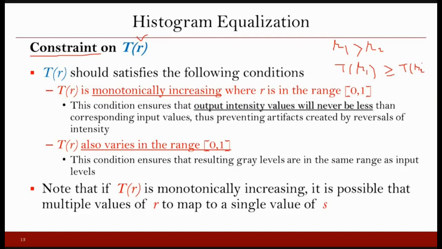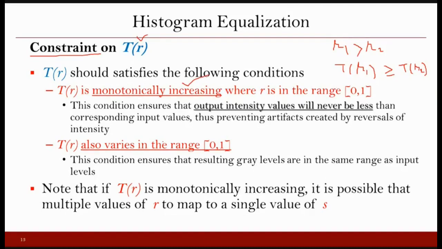What this basically ensures is that when you are doing the transformation, your gray level either remains the same or increases. So if your gray level has, let's say, the value 0.4, then in the output image it will remain either 0.4 or its value will be increased. Okay. So the first requirement is that it should be a monotonically increasing function.